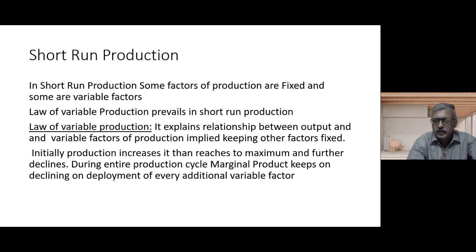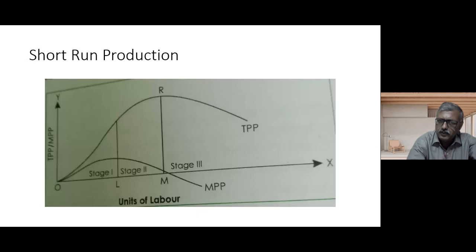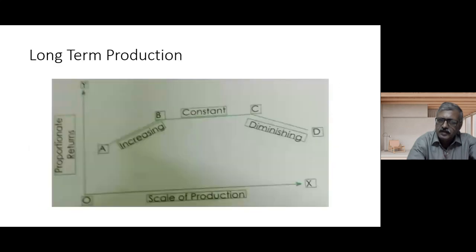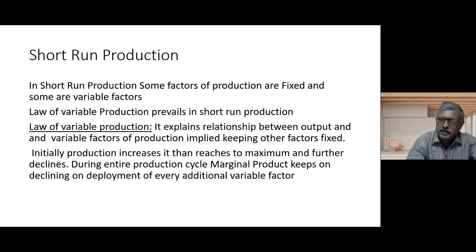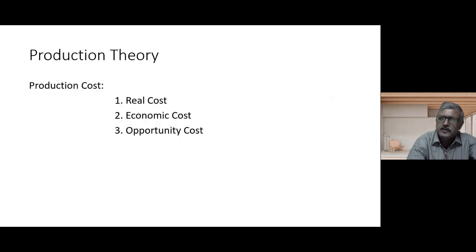You have to just go through the contents of your manual that has been nicely written in your book, and you will understand everything. And more precisely, I request you all to go through the relationship between total product, average product, marginal product, and total revenue, average revenue, and marginal revenue in both types of production.